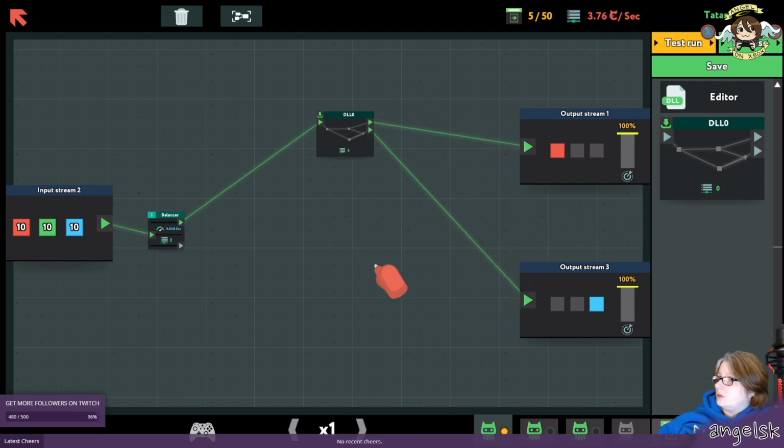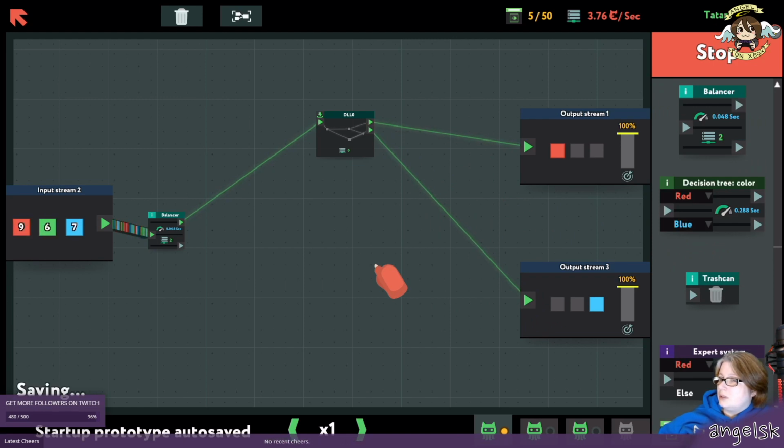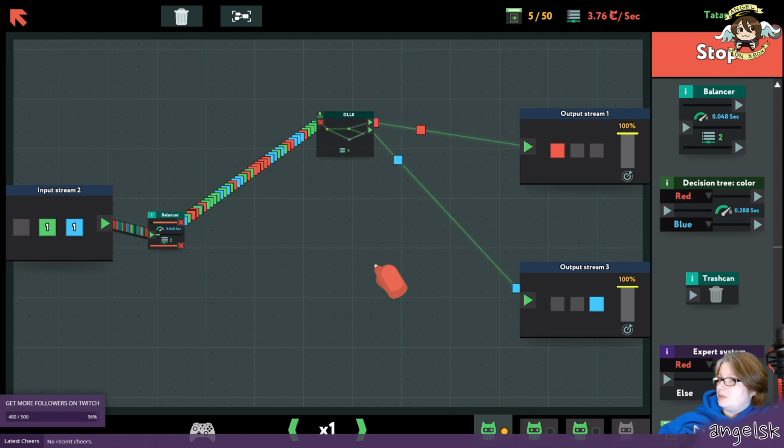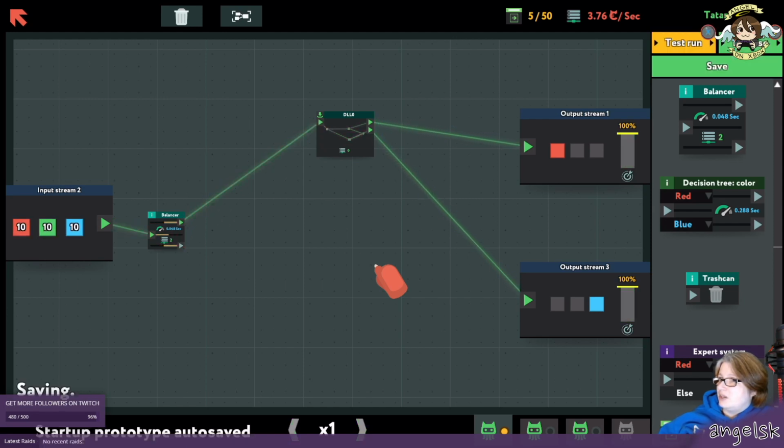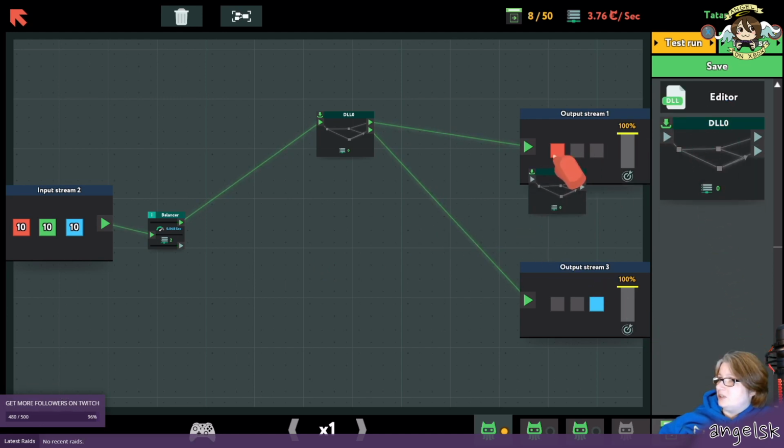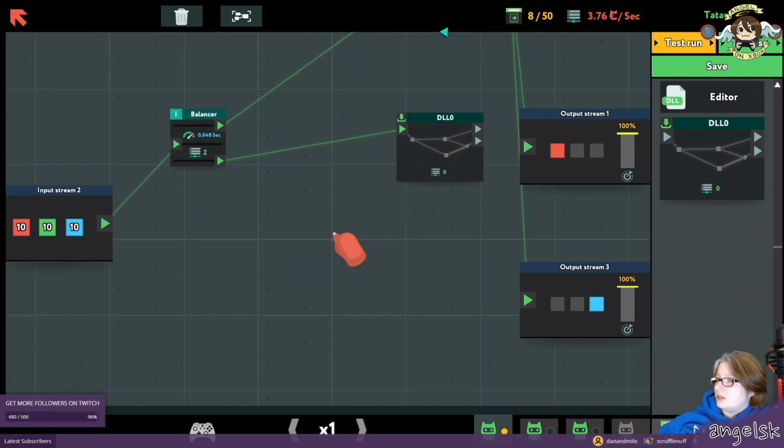Just do a test run. It's gonna fail miserably because I didn't load balance it properly, but that spits out blue, that spits out red. Okay. So, right, I just saved myself having to do 50 million nodes. It's not massively clear.